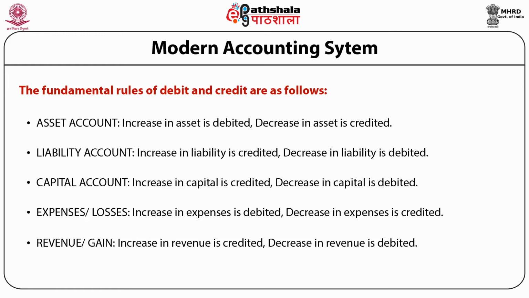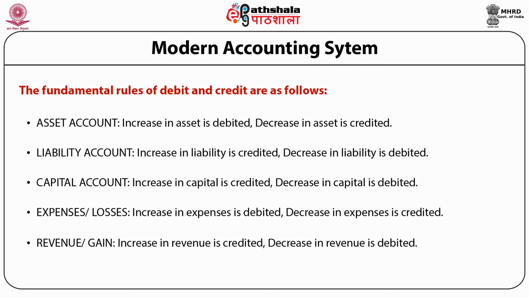Now transaction number 4. Cash withdrawn by owner of rupees 30,000 from the business. Analysis. The two accounts involved are cash and capital. The cash is taken out of the business, therefore decreasing the cash account by rupees 30,000.